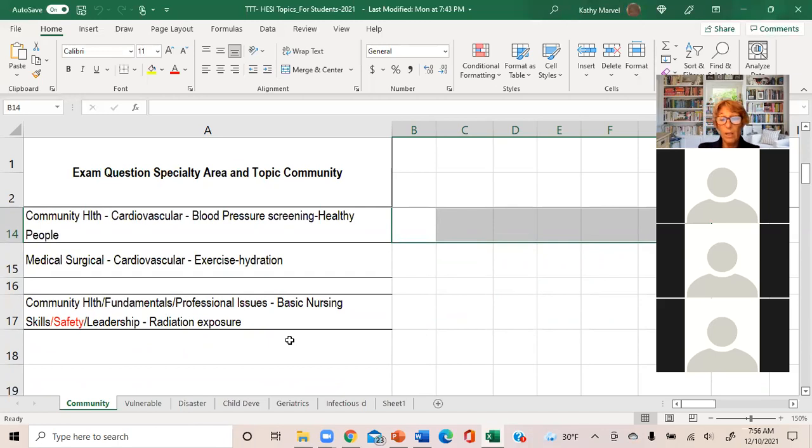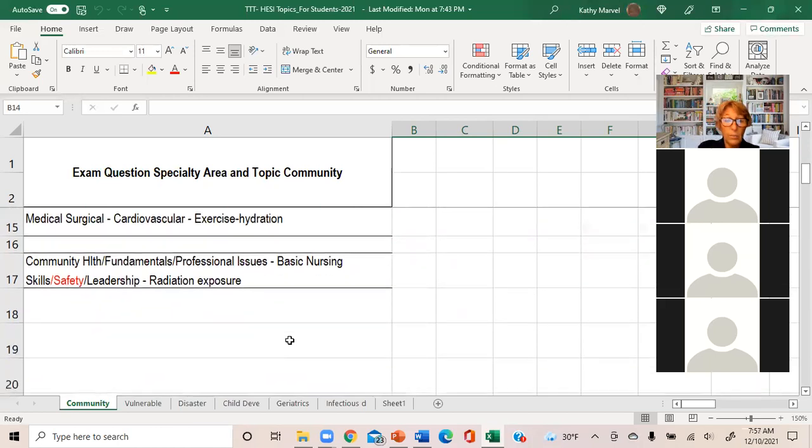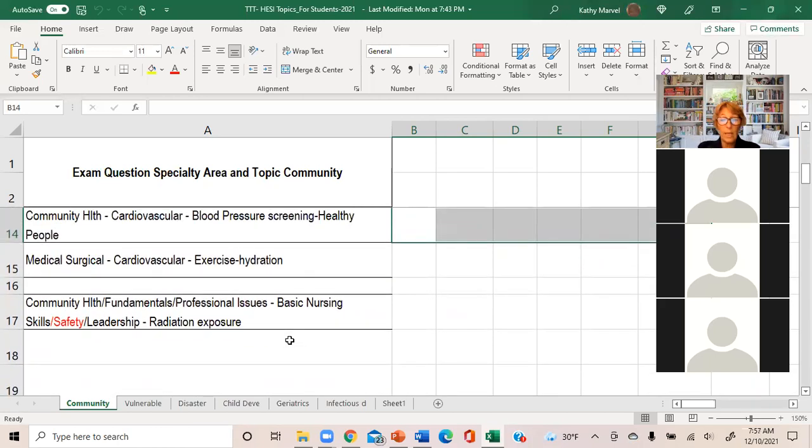How to educate about adequate exercise along with adequate hydration. What fluid would you use? Exactly. Yep. So these are topics, and you need to think about questions. What about this last one? Radiation exposure. What might they want us to know with regards to that?